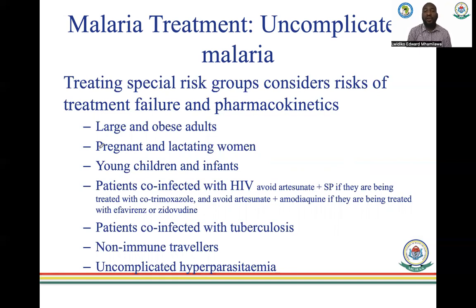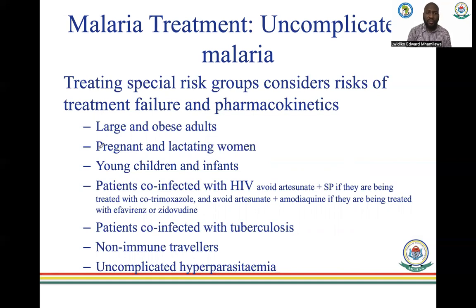And then also people who are co-infected with HIV, especially when they're using Septrin or cotrimoxazole, it's good to avoid artesunate sulfadoxine-pyrimethamine because of the drug-drug interaction. And especially if they're also using efavirenz or zidovudine, it is not recommended to give them artesunate amodiaquine because of the drug interaction, which might cause under-exposure of the medication because of the metabolism.